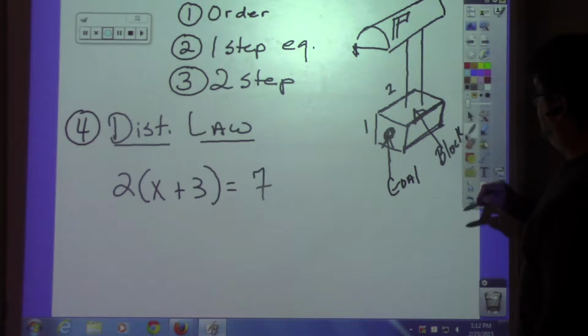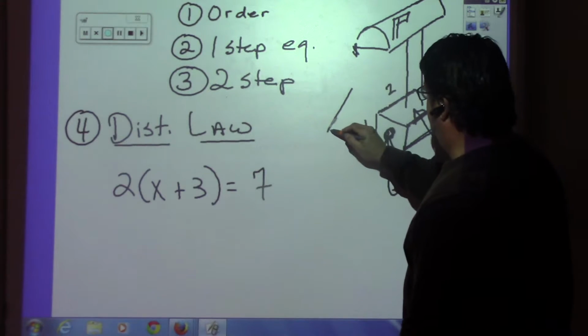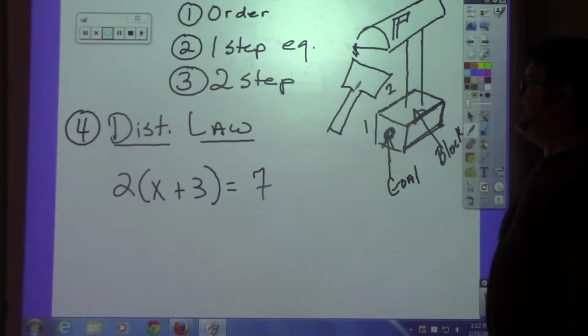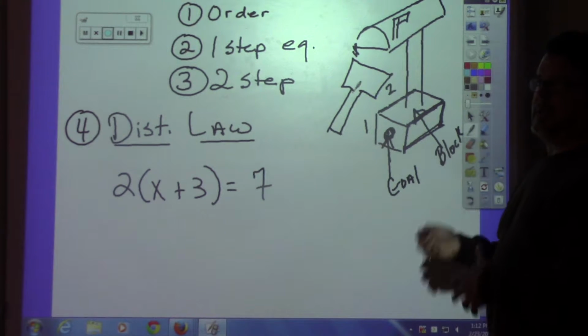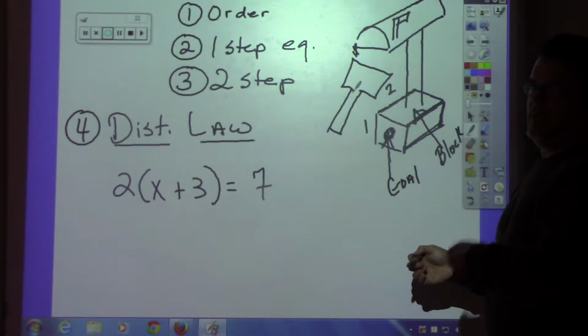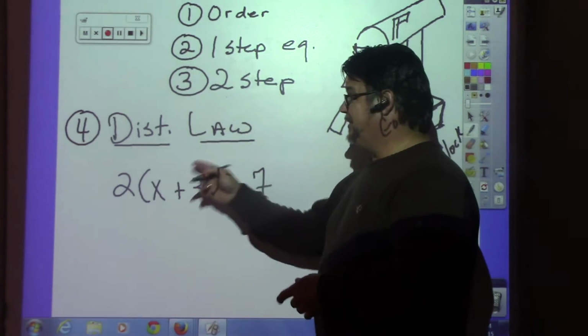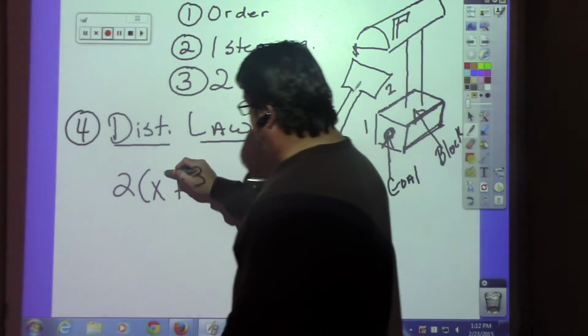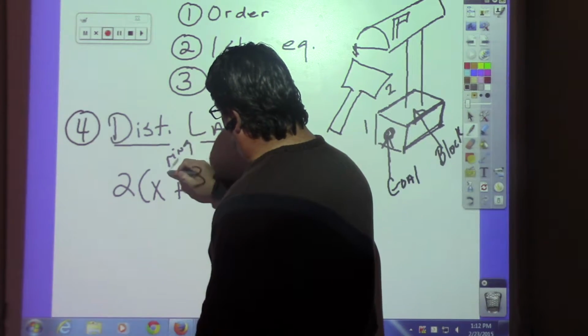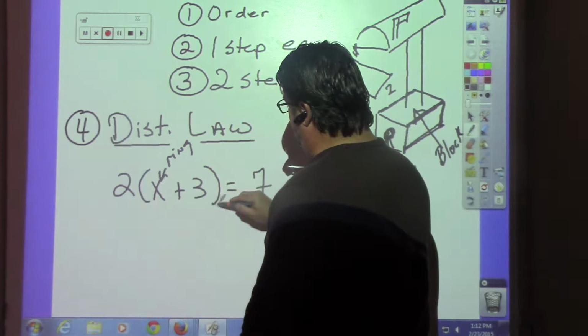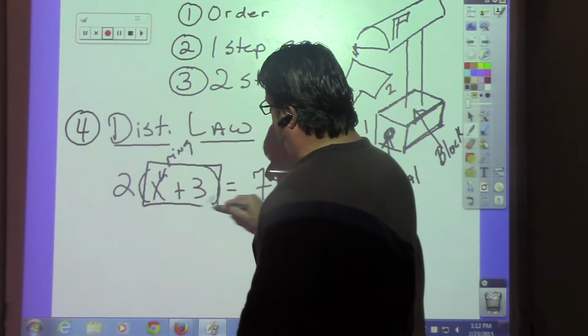Concrete block. The tool that you're going to use is a jackhammer. And you're going to break that concrete away until you get the ring out. What the heck does that have to do with this? Well, here's your ring. This is your concrete block. And where's my hammer?